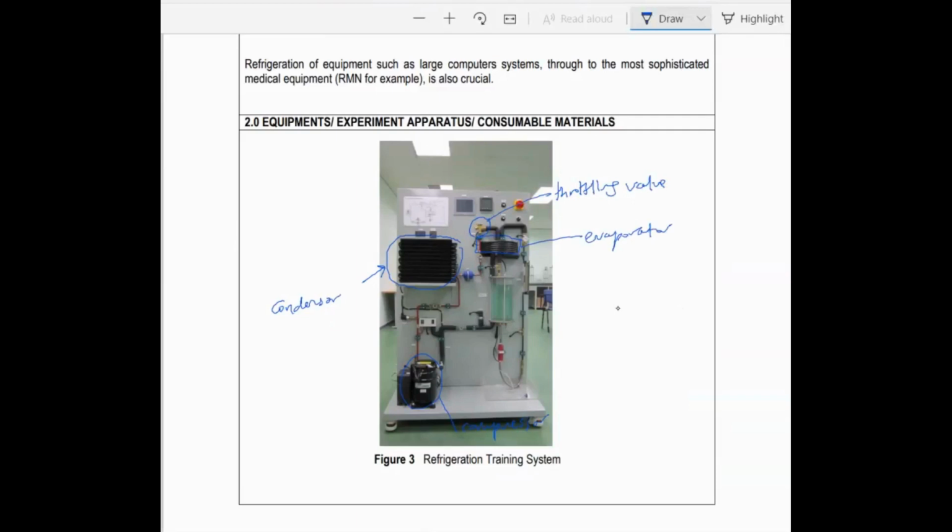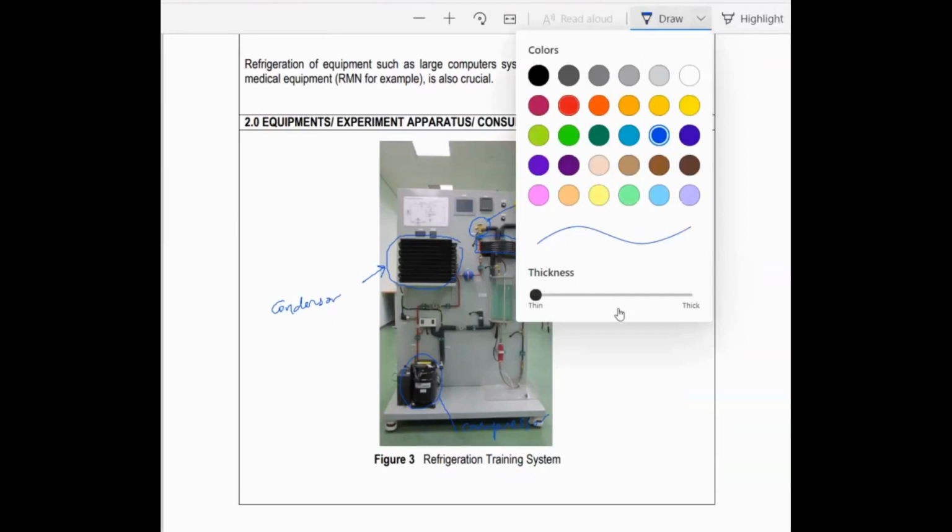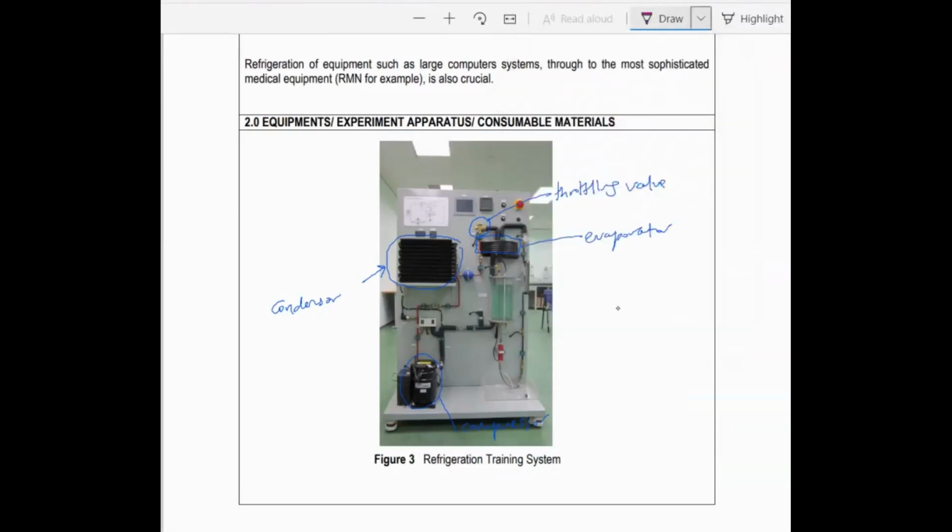And then for the refrigerant, it will exist in the part 9 inside the system.